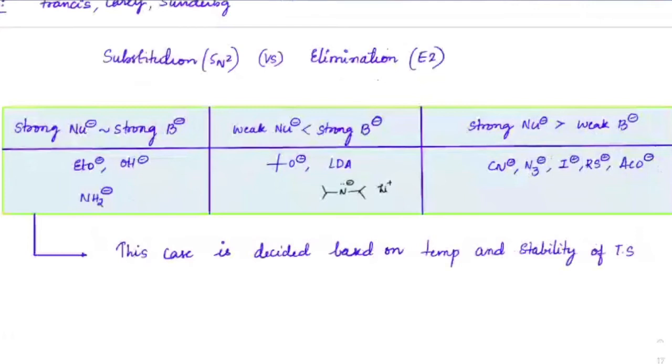In case we take tert-butoxides or LDA, they are very crowded bases, got it? Which means if the crowding increases, the nucleophilicity will be poor. This is irrespective of solvent, whether you take polar protic or polar aprotic solvent. In all of these cases, they will always act like strong bases and weak nucleophiles.